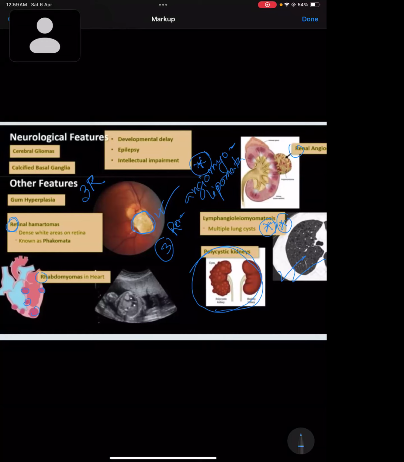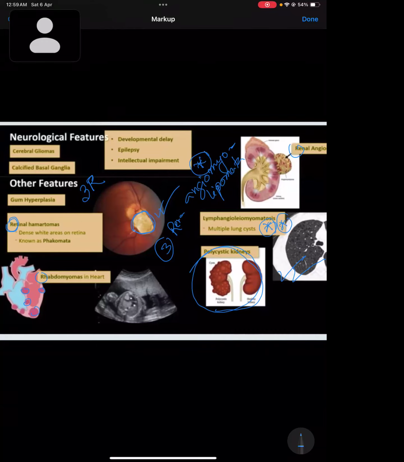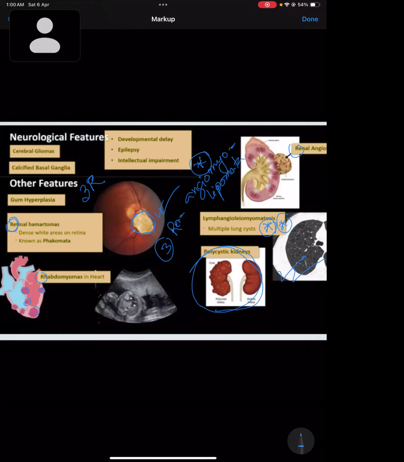There are multiple lung cysts, and that one is known as LAM, lymphangioleiomyomatosis. It's a big name. That's how I like to remember at my time. So lymphangioleiomyomatosis. There will be multiple cysts in the lungs. Okay, dear.